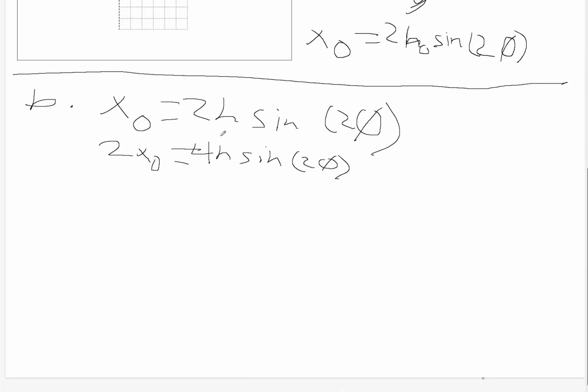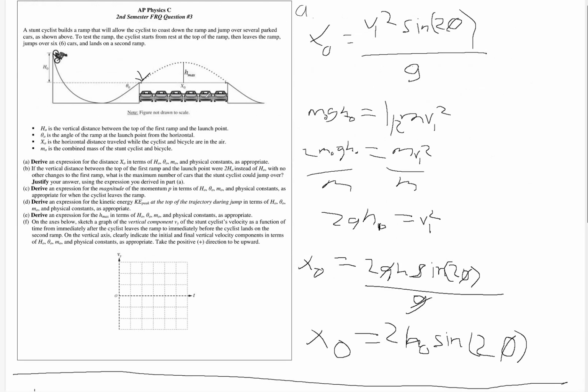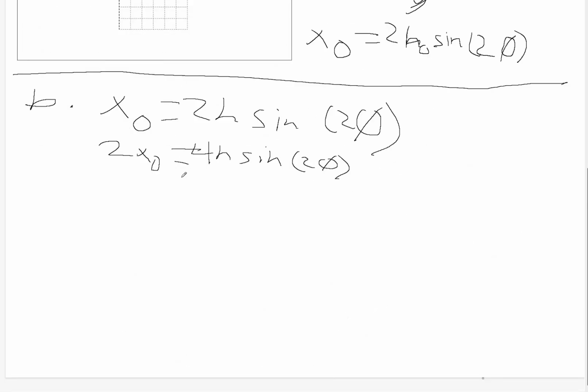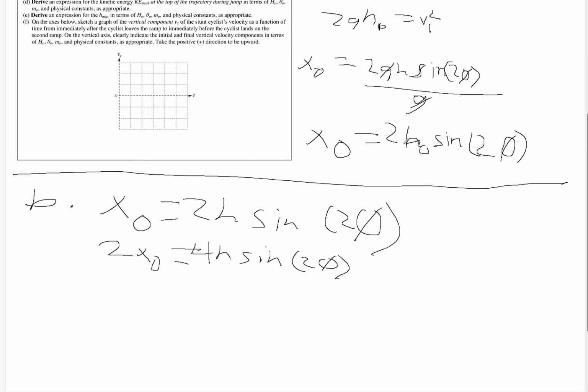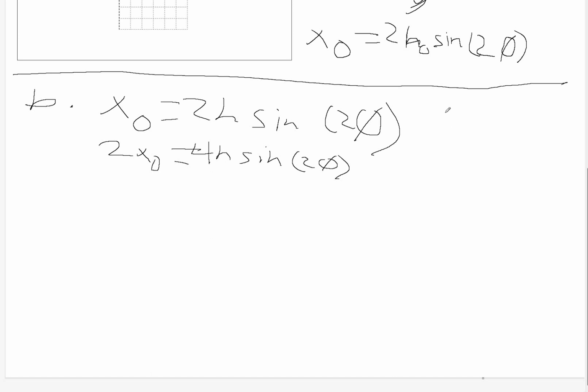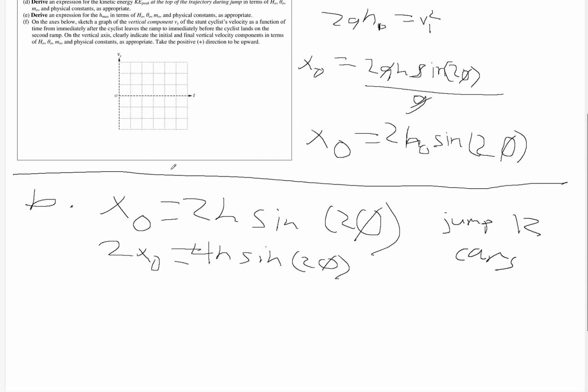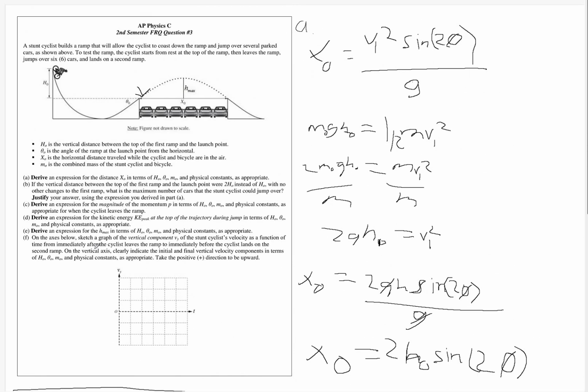So by doubling the height, we also double the length. So instead of 6 cars, which is shown right now, it would be able to jump 12 cars, since if we double the height, it would double the x.